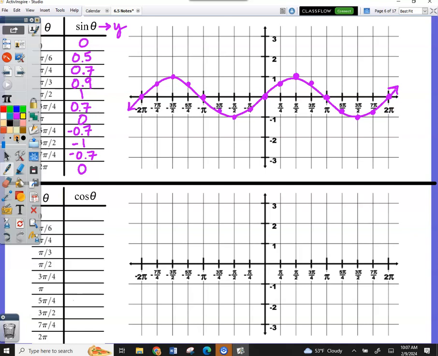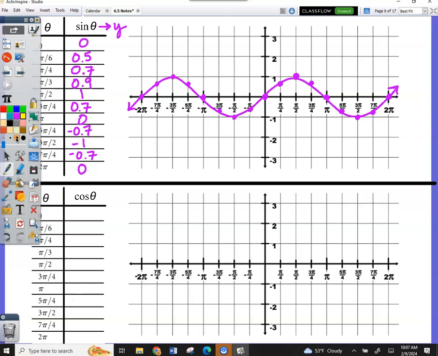Okay, what's the y value at pi over 4, which you know is root 2 over 2, approximately 0.7. What's the y value at 90? 1. At 180? 0. At 270? Negative 1. At 360? 0. So those are your quadrantal anchor points.